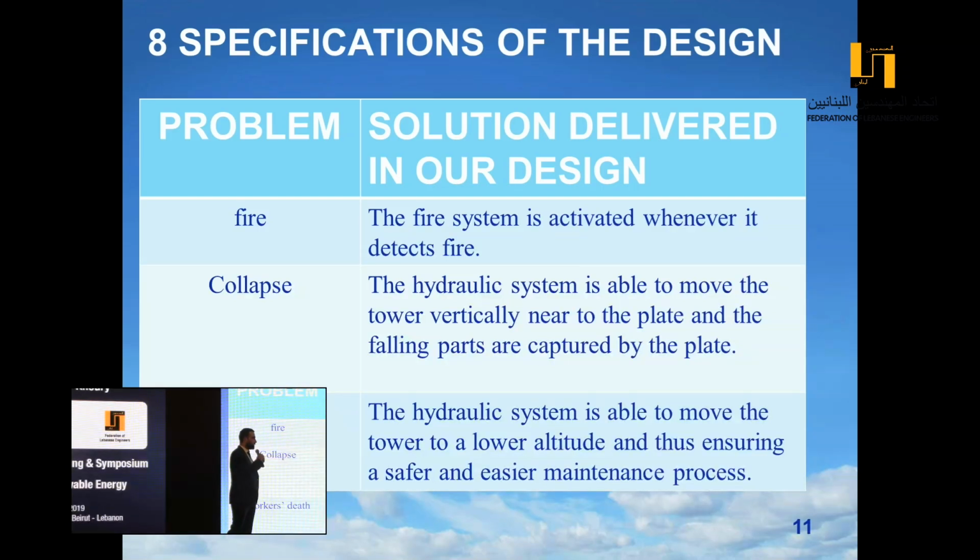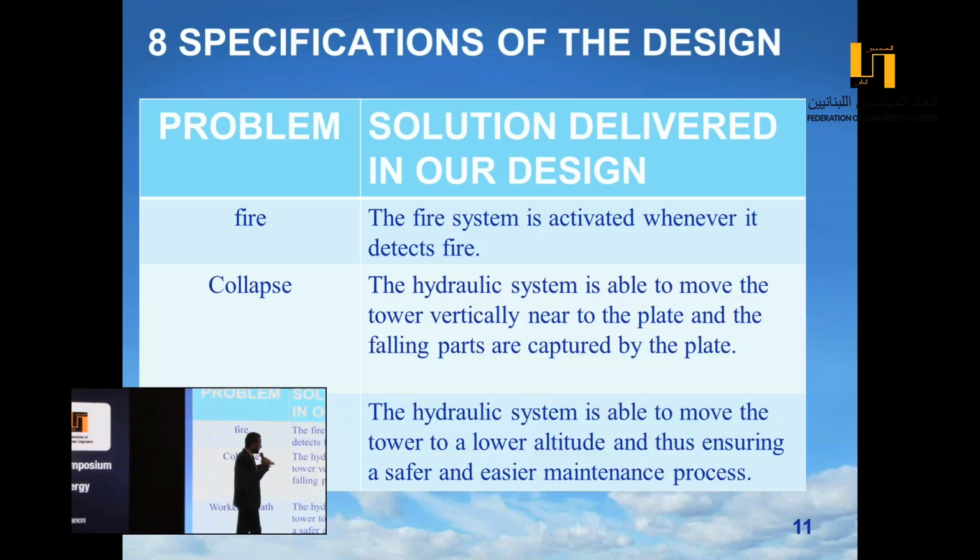Collapsed blade parts are captured by the plate placed at the bottom of the tower. And finally, for workers' death, the hydraulic system is able to move the tower to a lower altitude, thus ensuring a safer and easier maintenance process.